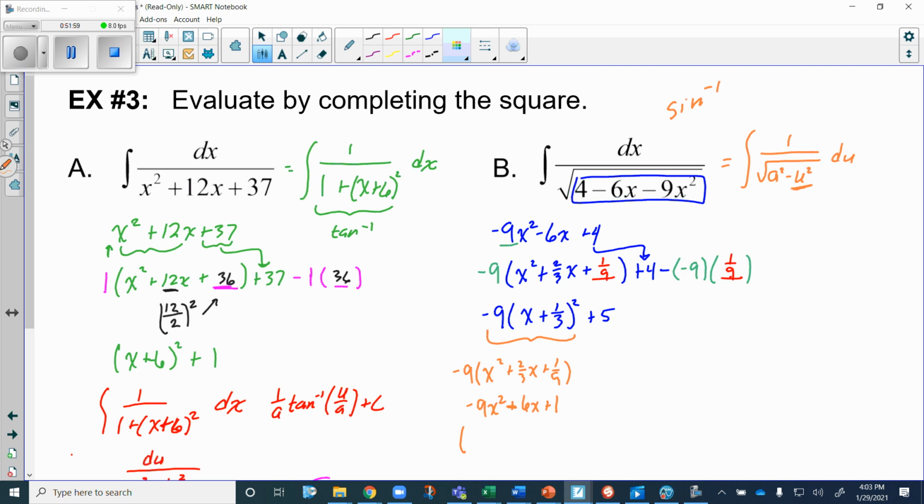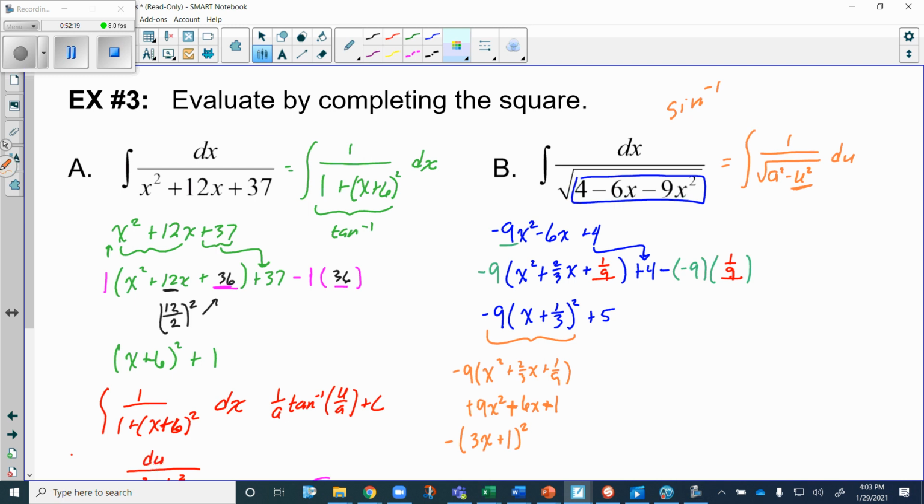If you want to, you can just keep the negative sign out here and make this positive, make that positive, and make that negative. But when we factor this, that will be 3x plus 1 squared.